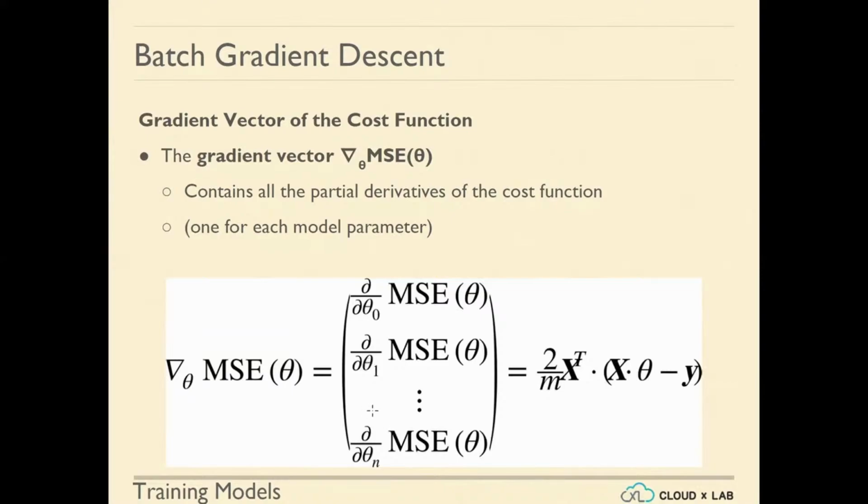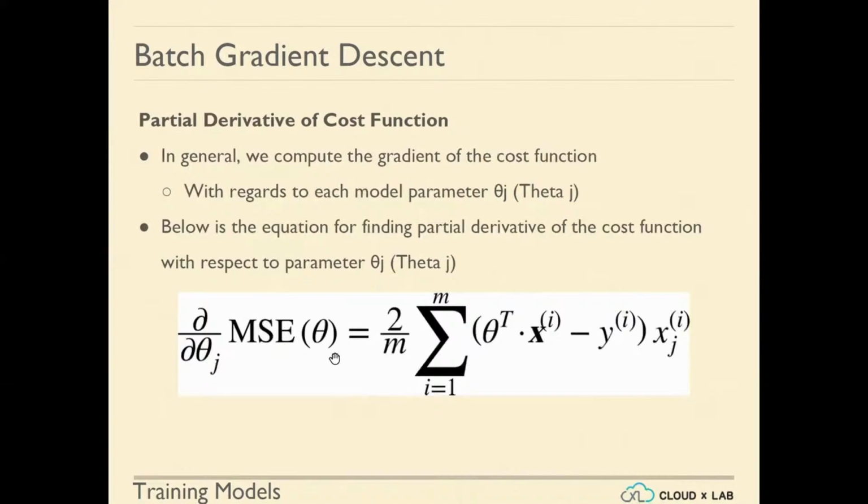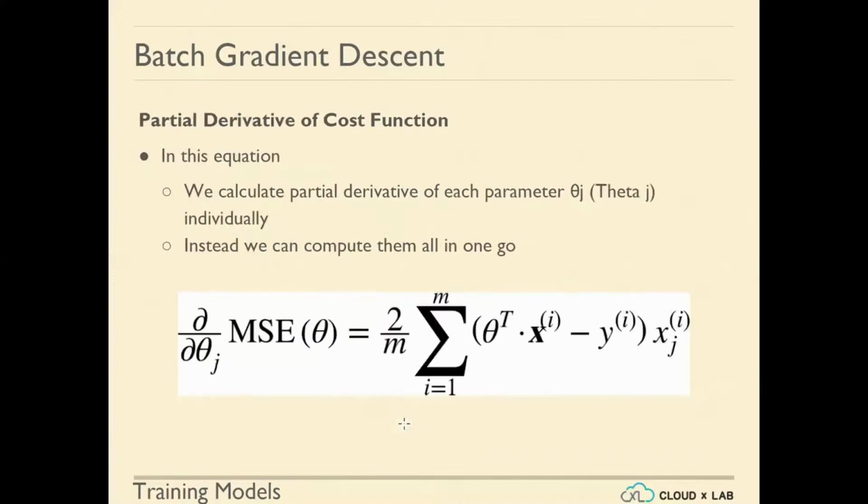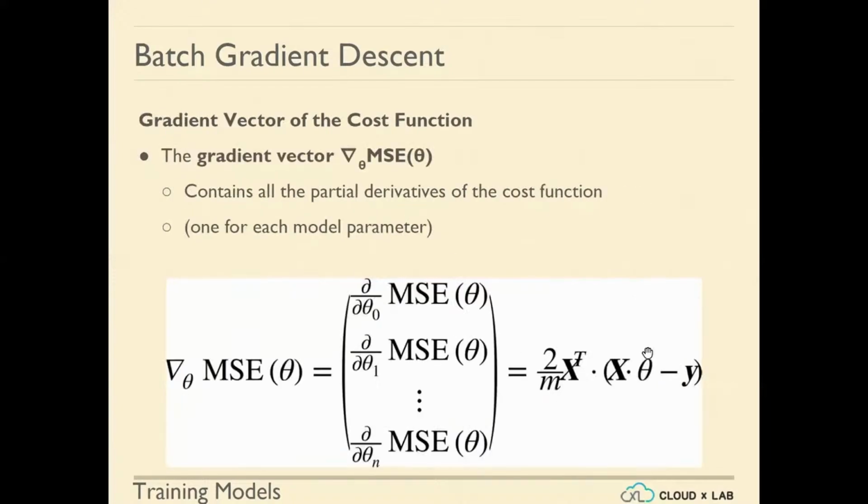Yes. So here I've shown calculations for one theta j, right? And if you calculate all such partial derivatives, you will get the gradient vector. Okay. So if you put all these values in vector form and do some arranging, finally you will get this type of equation: 2 divided by m, X transpose times (X theta minus y).